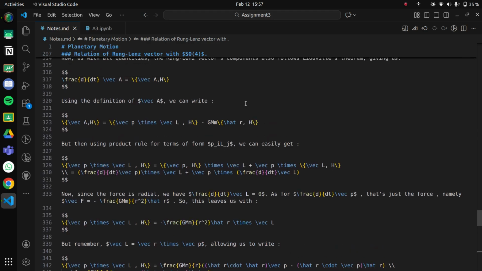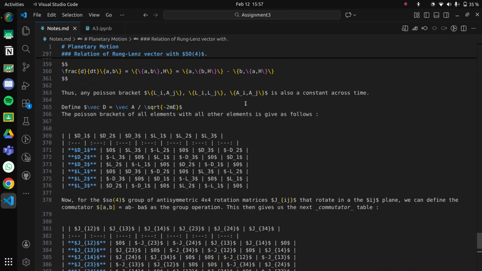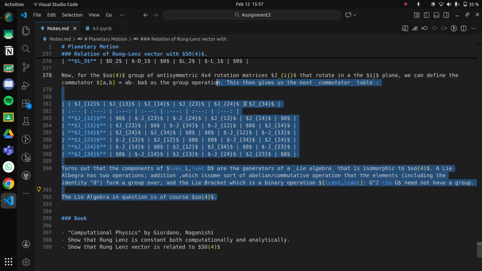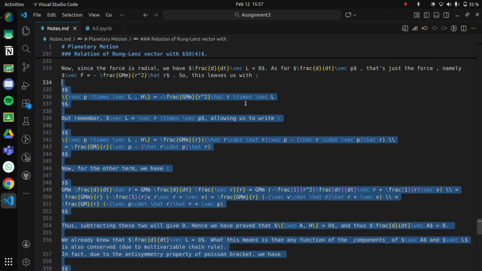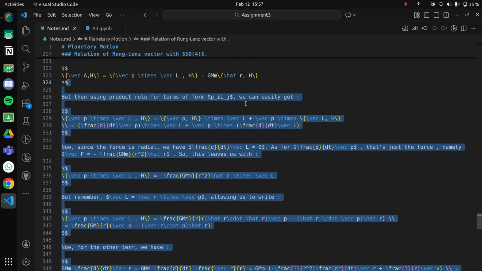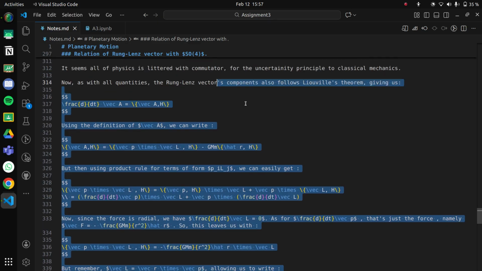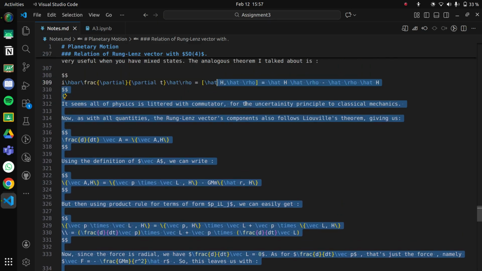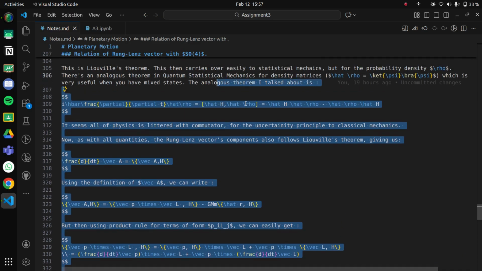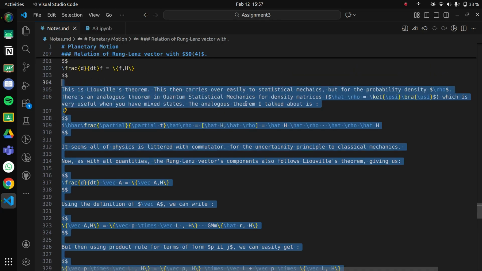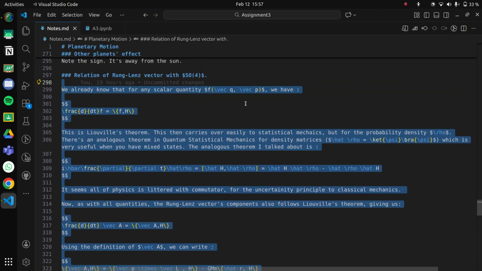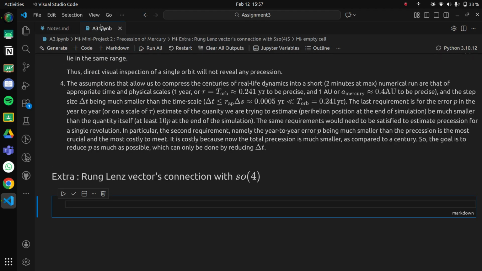Okay, this isn't the correct heading for it. Who cares about the heading at this point though? The first thing that we show is that the rung length vector is constant, which is once again a lot of math. And then the second thing we show is that it and the angular momentum form a kind of nice Lie algebra, which is called SO4. This is some high level math which I don't want to get into. Yeah, it involves a lot of weird stuff. I'm just gonna put everything there.